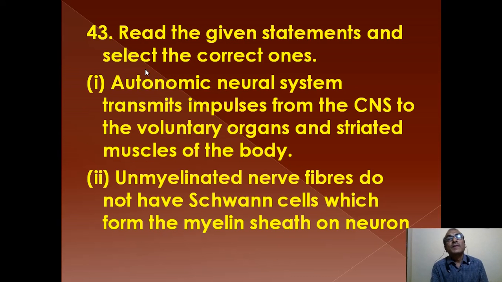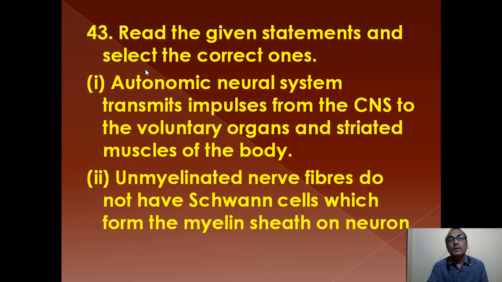Question number 43. Read the given statement and select the correct ones. Now let us see what the statements are. The question continues into the next slide. Autonomic neural system transmits impulses from the central nervous system to the voluntary organs and striated muscles of the body.